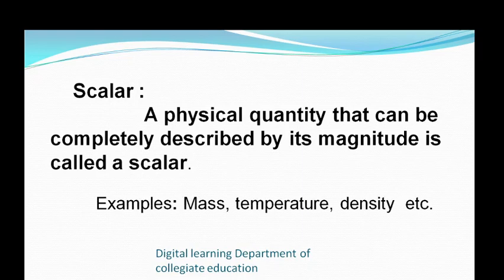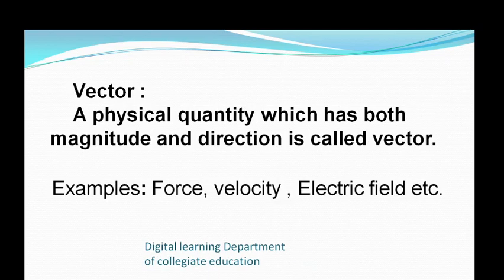Example: mass, temperature, density, and so on. Next, vector quantity. A physical quantity which has both magnitude and direction is called a vector. Example: force, velocity, electric field, and so on.